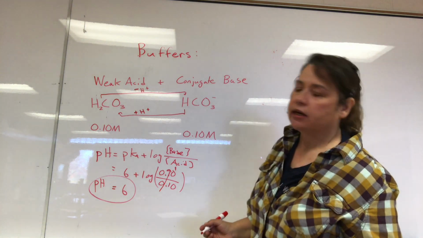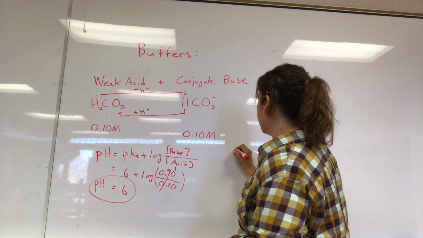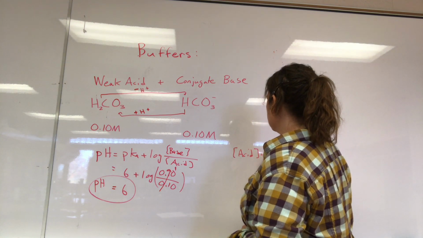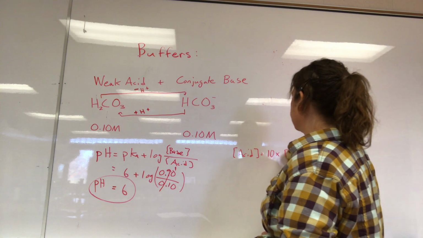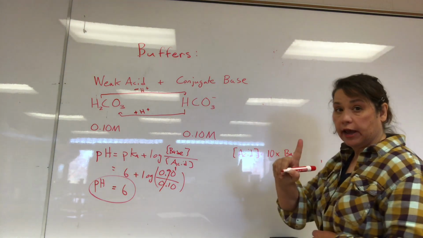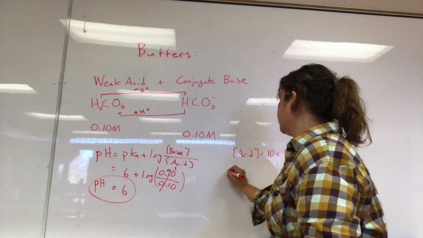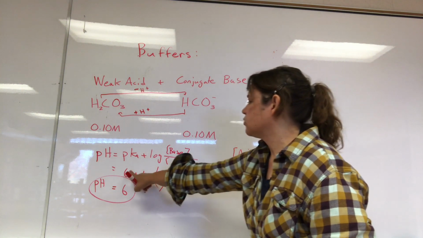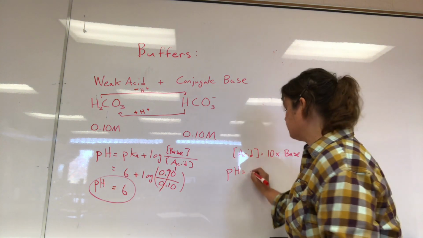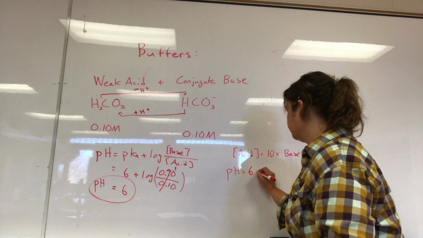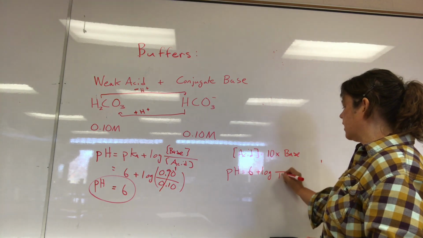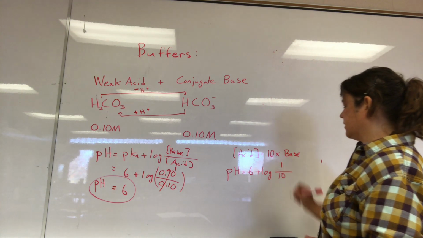Let's say we made the concentration of the acid equal to 10 times that of the base. Okay, so in order to calculate the pH, we would have pKa. In this case, we're going to keep our pKa at 6 just to make our example easy. We'll have the acid as being 10 times more than the base.